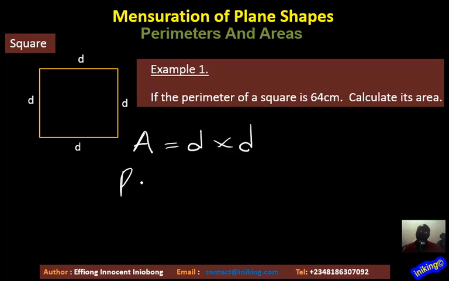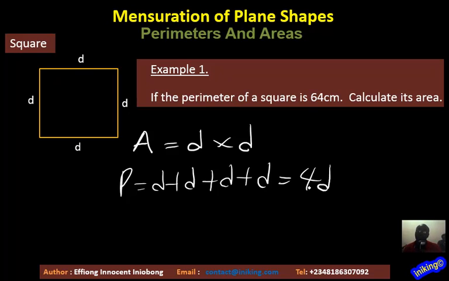The perimeter is supposed to be D plus D plus D plus D, which is 4D. So we are simply saying that the perimeter is 64, which is equal to 4D. From here we can obtain the length of each side of the square as 64 divided by 4.